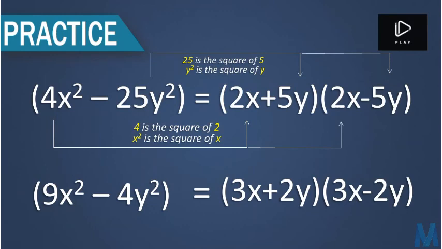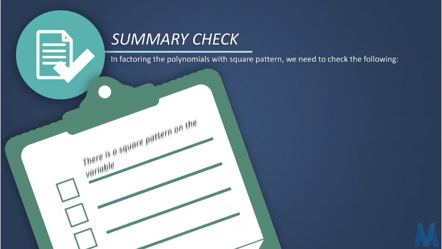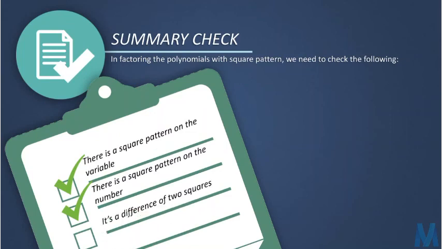Okay? So as a summary, in factoring polynomials with square patterns, we need to check the following. First, if there is a square pattern on the variable, if there is a square pattern on the number, and if it's a difference of two squares.